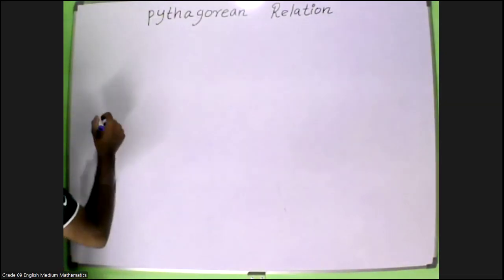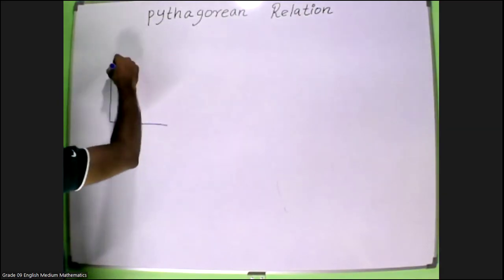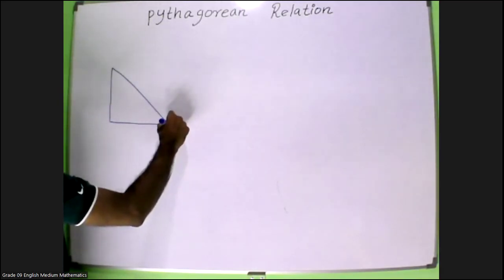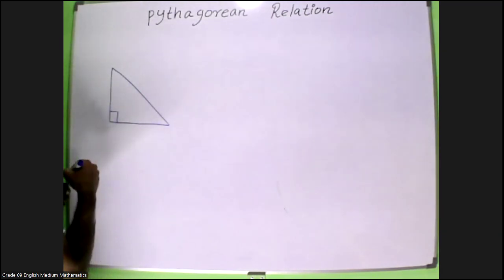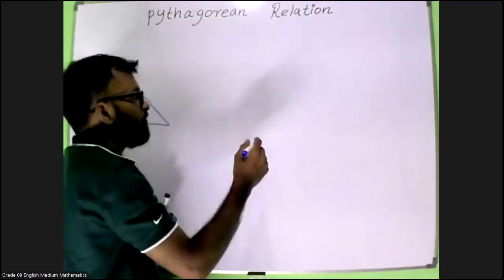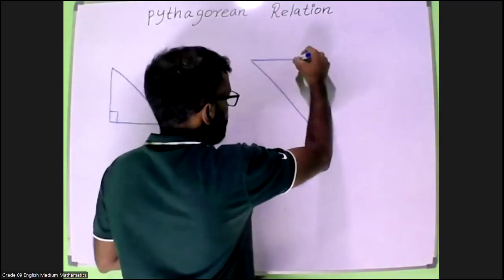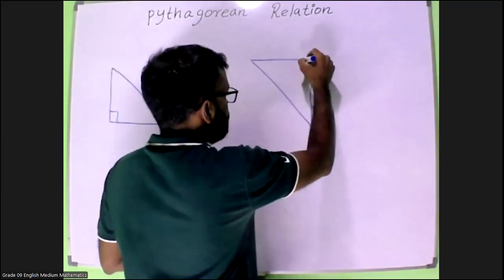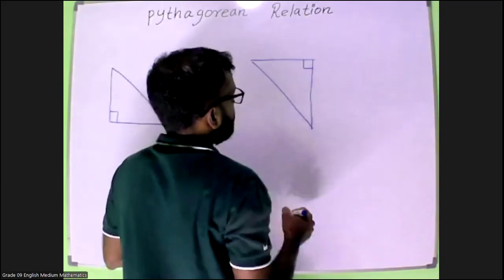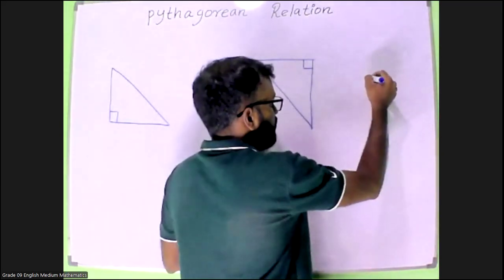So, this is the right angle, right? And if I draw another one, which is also called a right angle triangle, right? And another one.